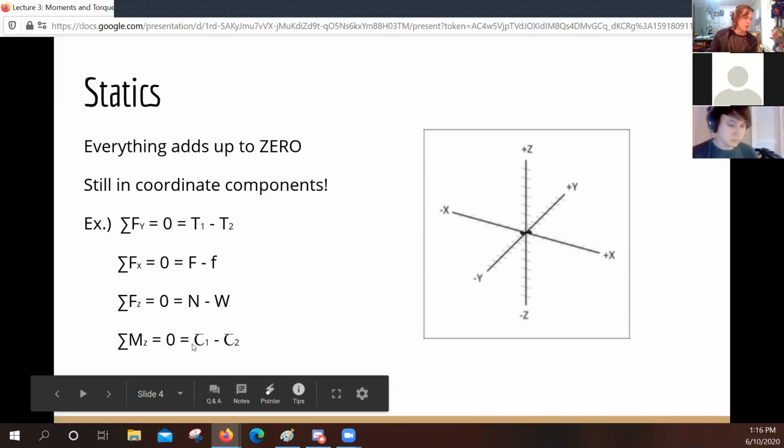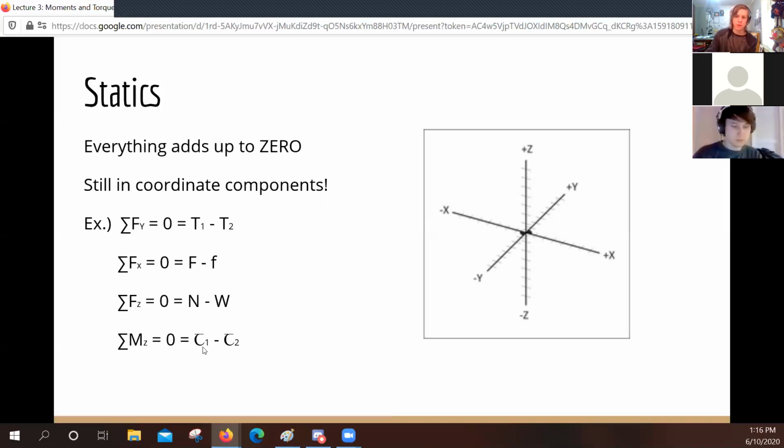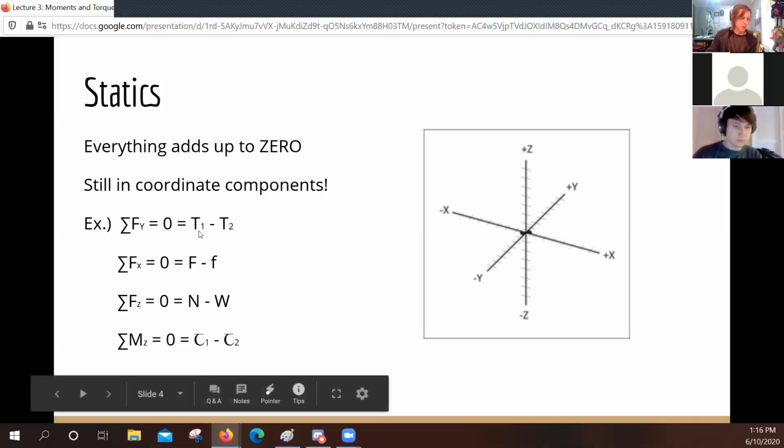And these curvy t's are called taus. That's the Greek letter tau, and that's how we denote torque, okay? Because tension is a force, and we want something else to say torque. So we have to have something separate from tension and torque. Tau is for torque or moments.